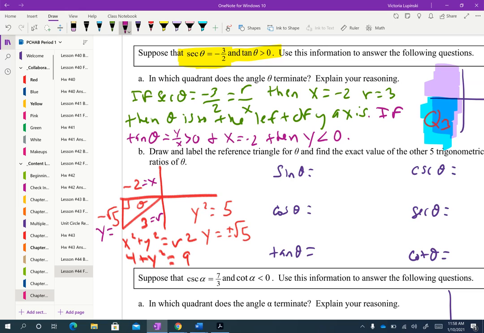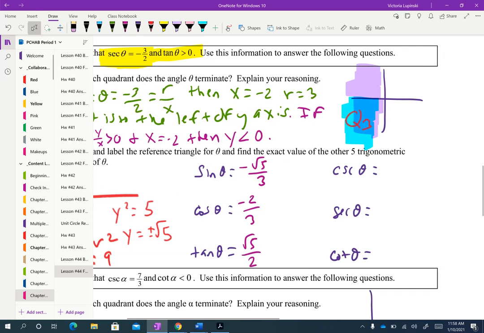So a sine is, of course, equal to a y over an r, so -√5/3. A cosine would be an x over an r, so -2/3. A tangent would be a -√5 over a -2, which of course would turn out to be a +√5/2. Remember that for the other three, you're going to go ahead and do the reciprocal.